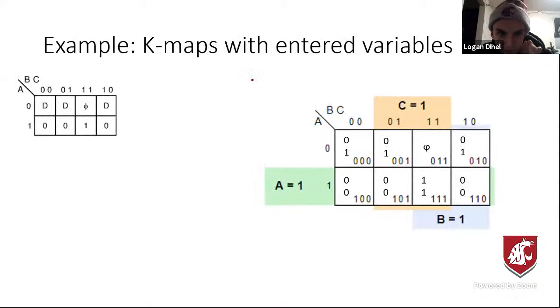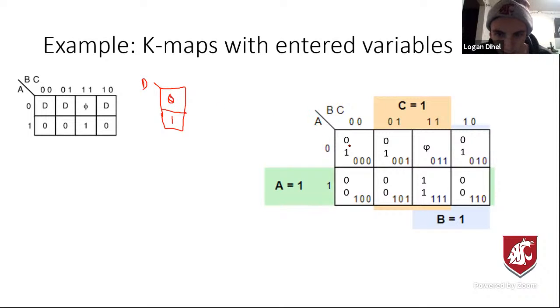My favorite way of doing this is how I learned it when I took the class from my TA. He told me to picture the entered variables as a miniature K-map. So imagine this is a 1x1 K-map for D. D is either a 0 or a 1, that's all it could be.